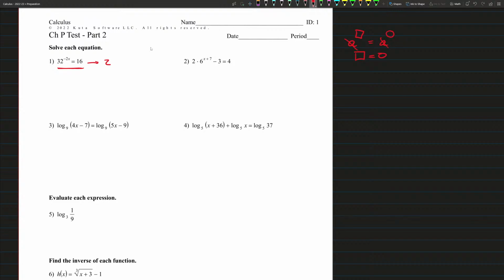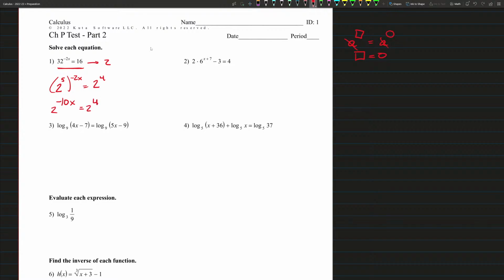32, we can write that as 2 to the 5th. 16 we can write as 2 to the 4th. And then we combine these, or really we don't even have to do that. But we would have 5 times negative 2x, that's negative 10x, is equal to 2 to the 4th.